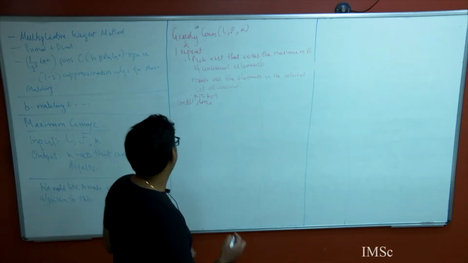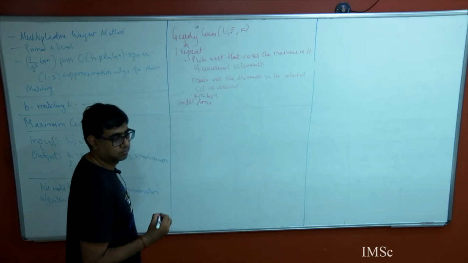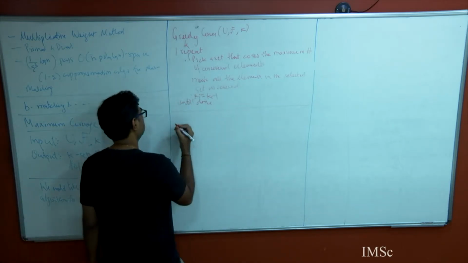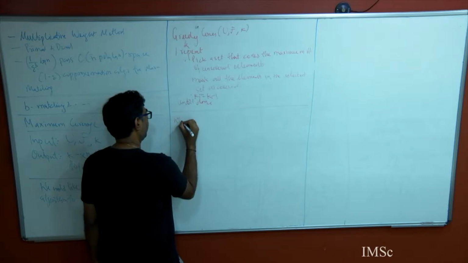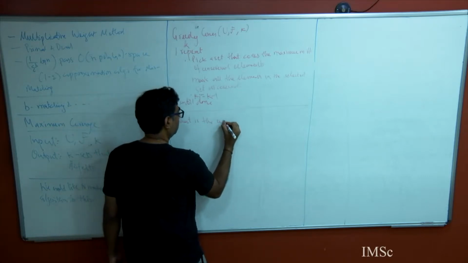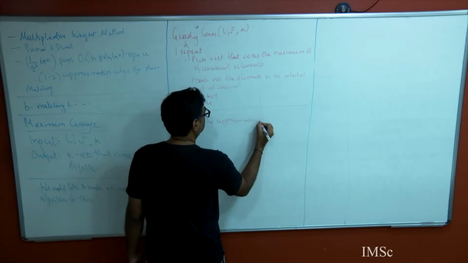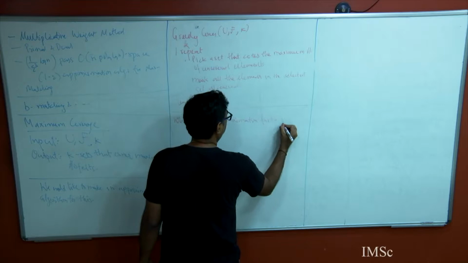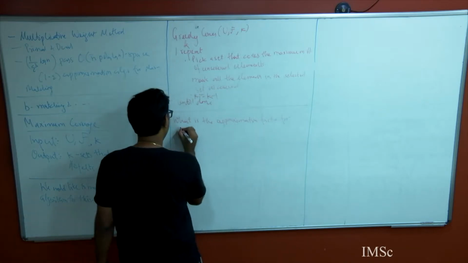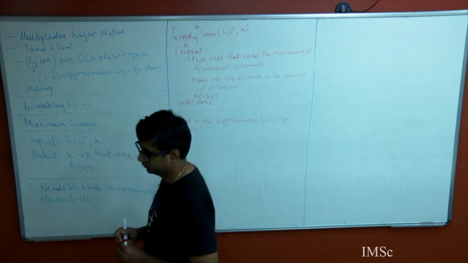But the question is, what do you think is the approximation factor of greedy?